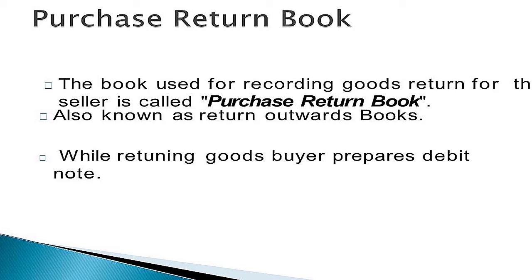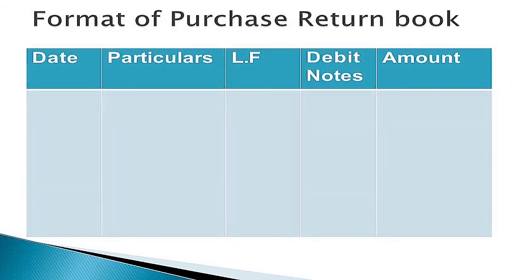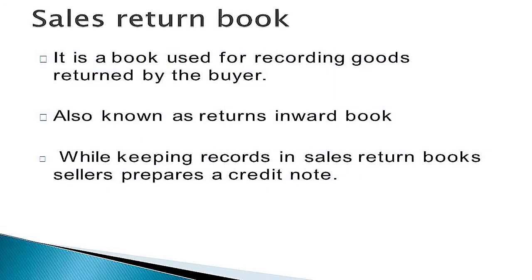So we prepare a debit note and return the goods along with it. The format is the same as the purchase book and sales book. We receive returns from customers, also known as returns inwards, and for this book the sellers prepare the credit note.